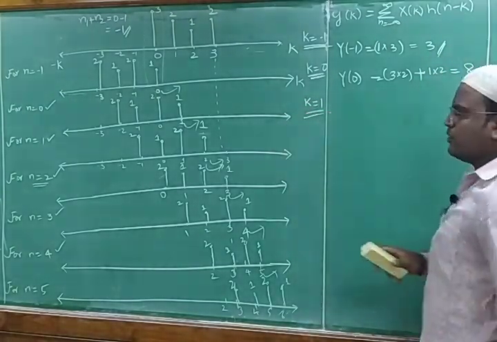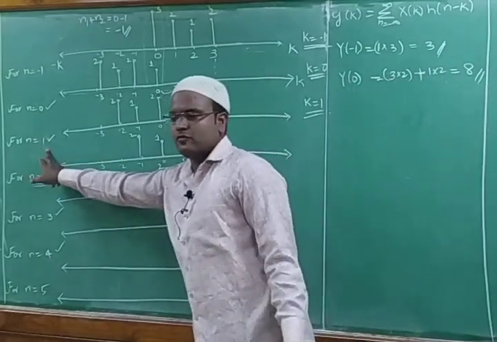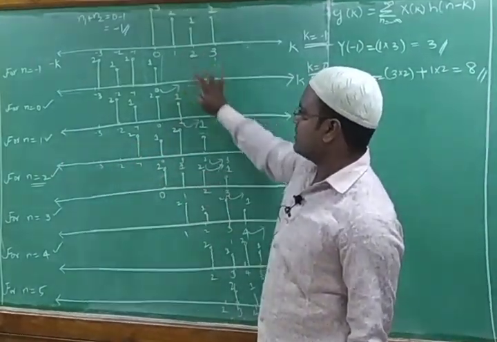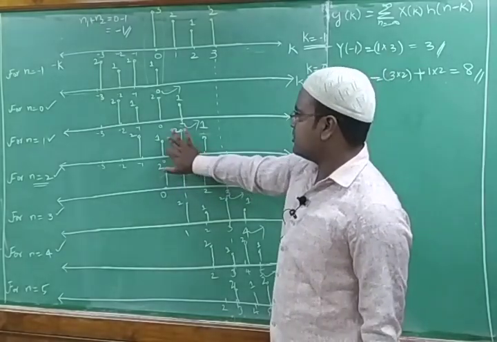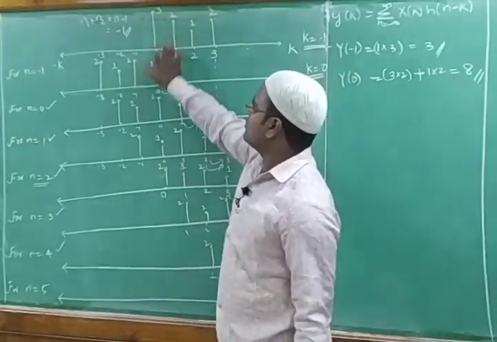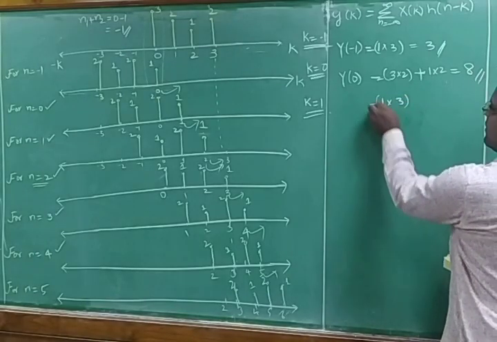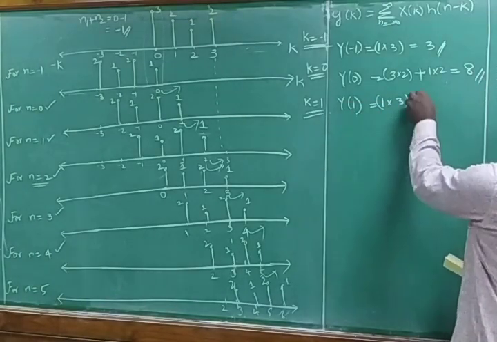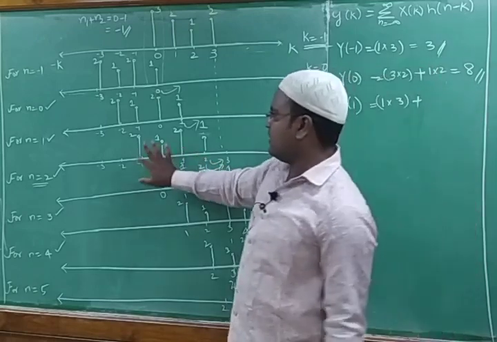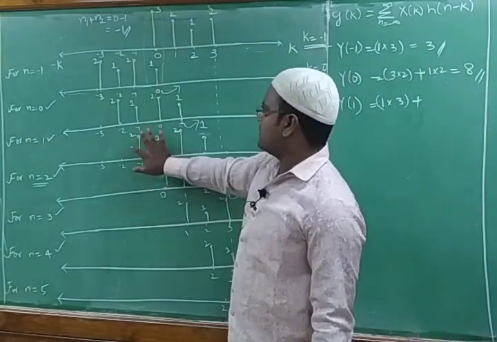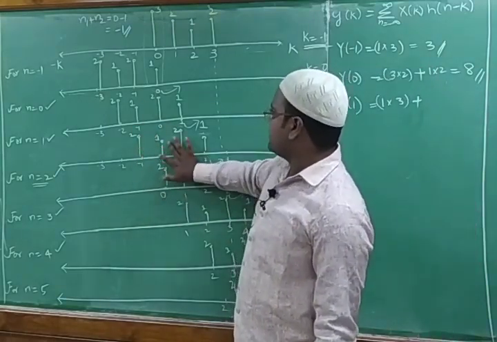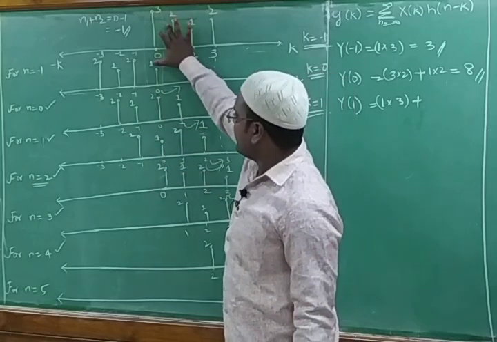At k equals 1, now see n equals 1 value. What is the n equals 1 graph? We have this part done. Now at position 0, the amplitude is 1, and at 0 amplitude is 3. So we can write y of 1 as 1 into 3, plus, the first position we have done. So at 0, this is 1 into 3.